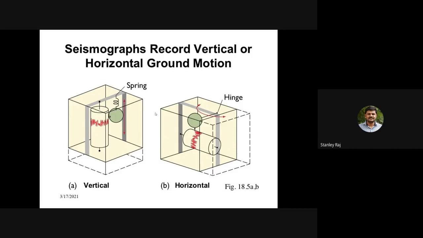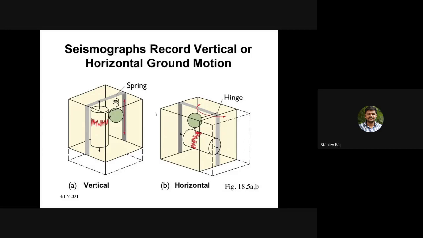It's just a graph, and this graph will explain how much magnitude there is, where it happens, what the intensity is, and what the ground acceleration is. Everything can be obtained using this seismograph.